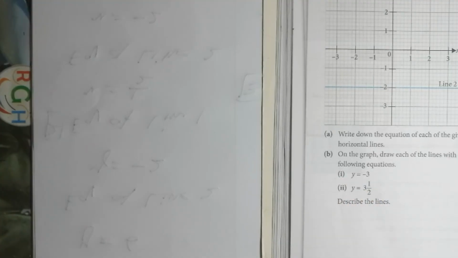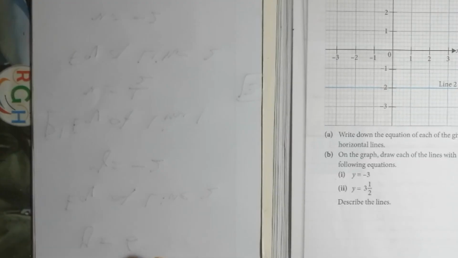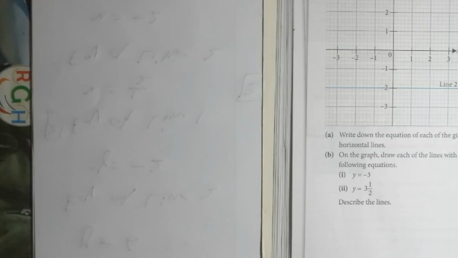Before, we studied y equal to mx plus c, that is also an equation of a straight line. So equations containing x and y are also equations of a straight line. But what is the difference between this equation of a straight line and that one? The difference is here we find both variables x and y, but there only x.